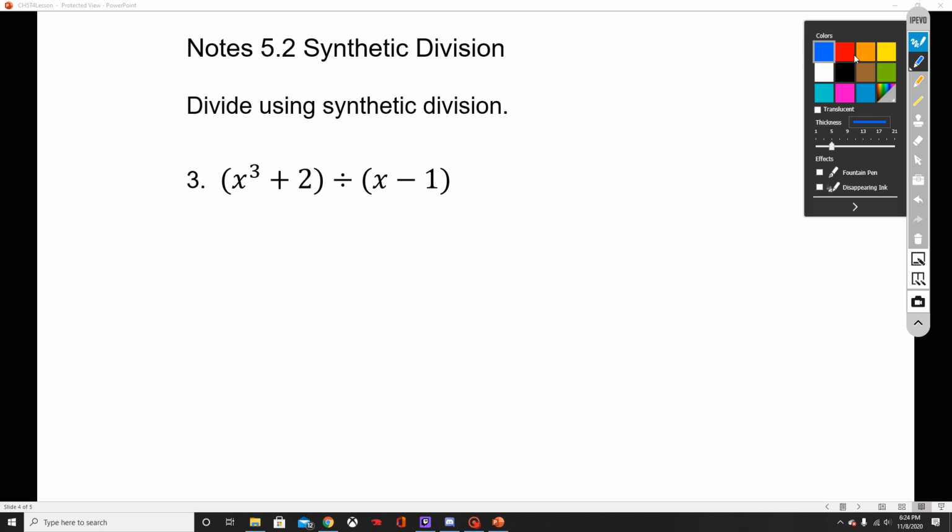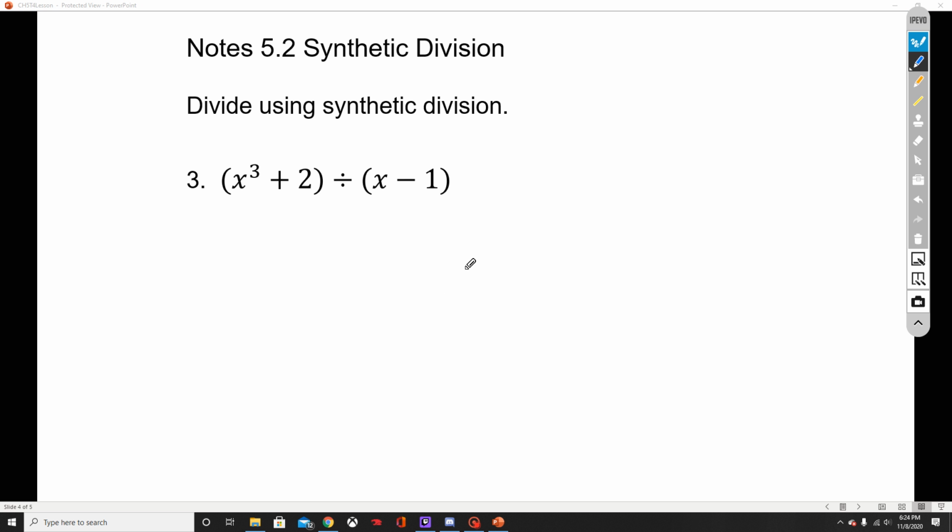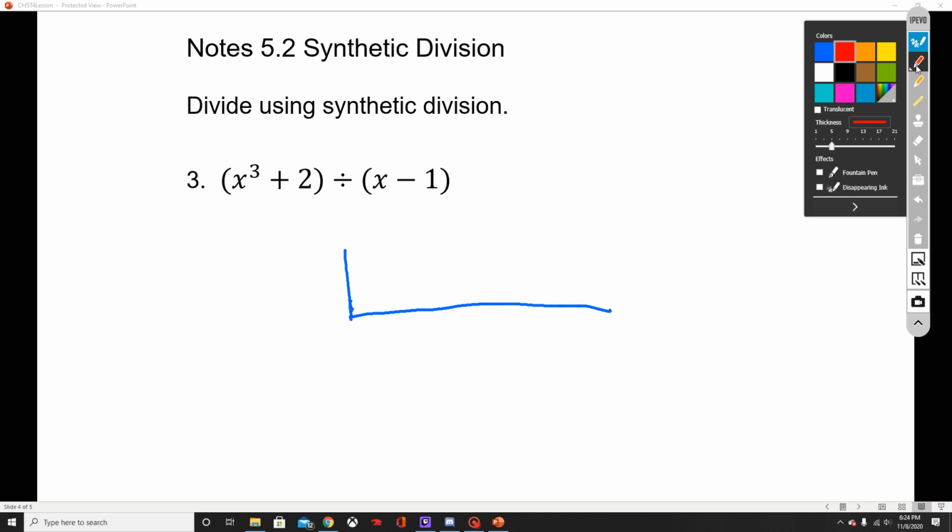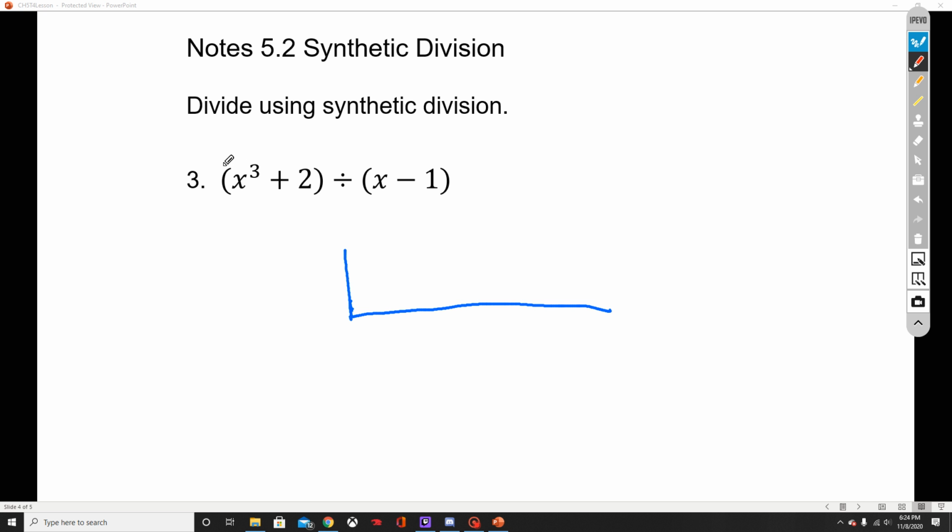All right, so number 3, x cubed plus 2 divided by x minus 1. We can set up the synthetic division because the divisor is in the correct form. We notice that we're missing a lot of coefficients here, because it goes straight from x cubed to the constant.